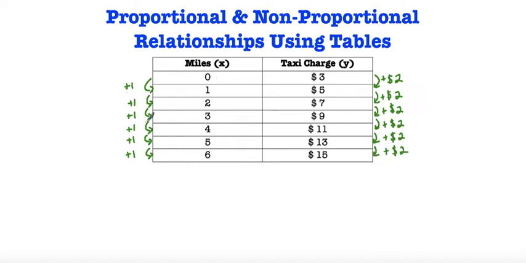Even though our taxi is charging us $2 per mile, we do have an initial charge of $3. So we could check to see if we have a proportional relationship.